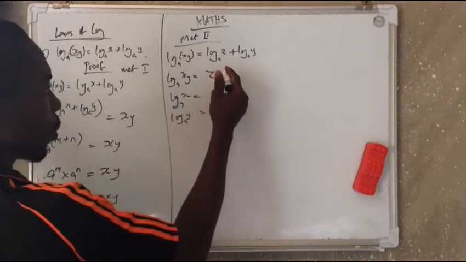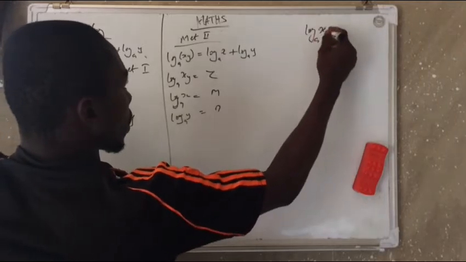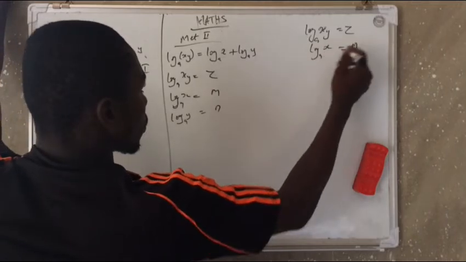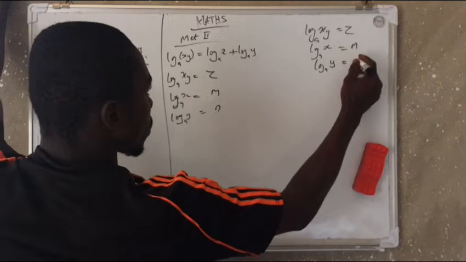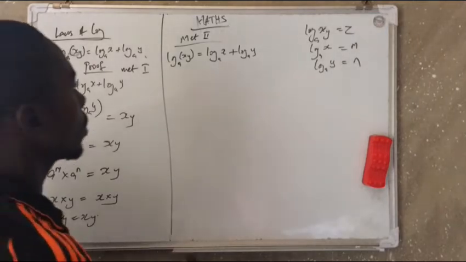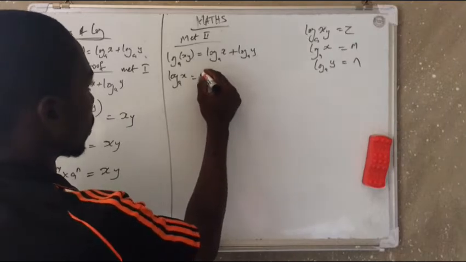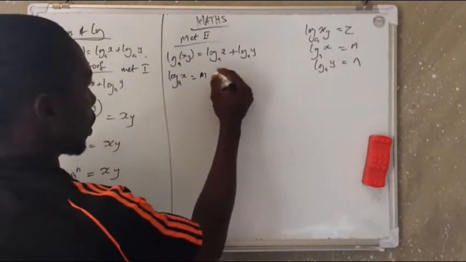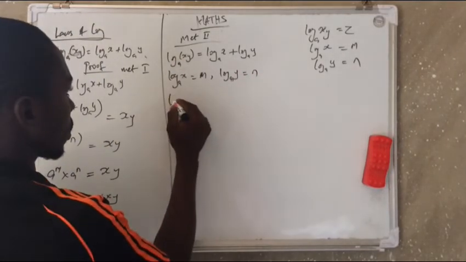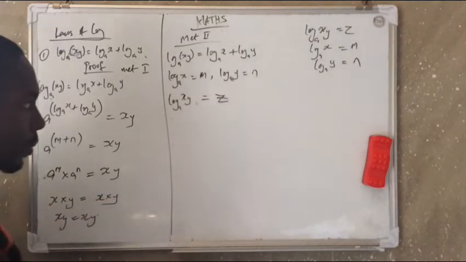So now this is what I'll be working with: log to the base a of xy is equal to z, log to the base a of x equals m, log to the base a of y equals n. Since my log a x is equal to m and log a y is equal to n, but my log a xy is equal to z.